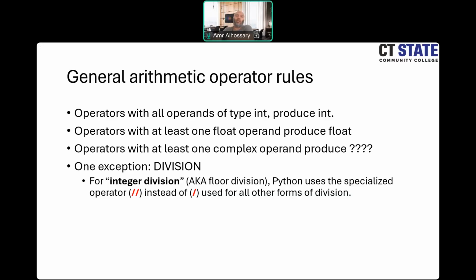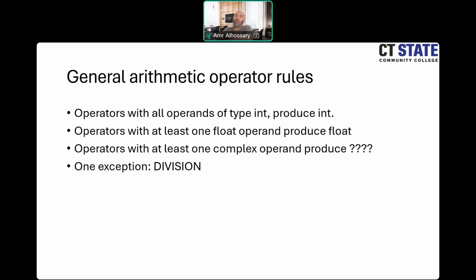Because if you divide 5 by 3, the result is 1 and 2 thirds. Let's say 5 divided by 2. The result is 2.5. So the result here is not int. Although both operands are integers, the output is not integer. The output here is float.